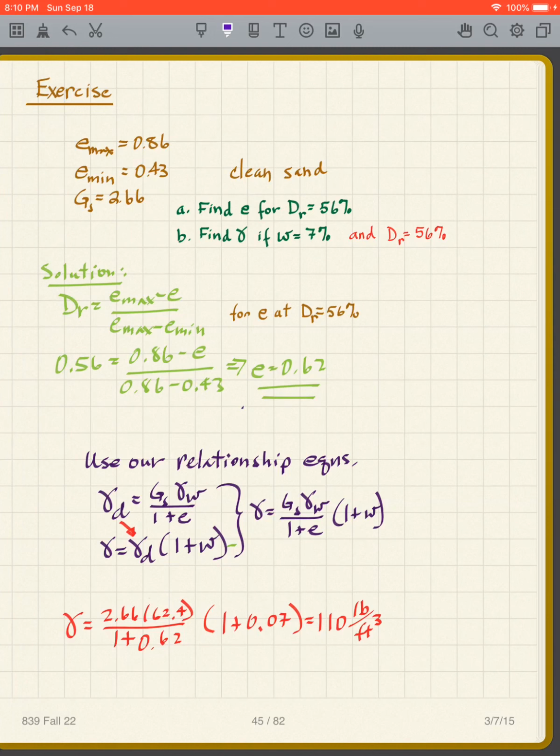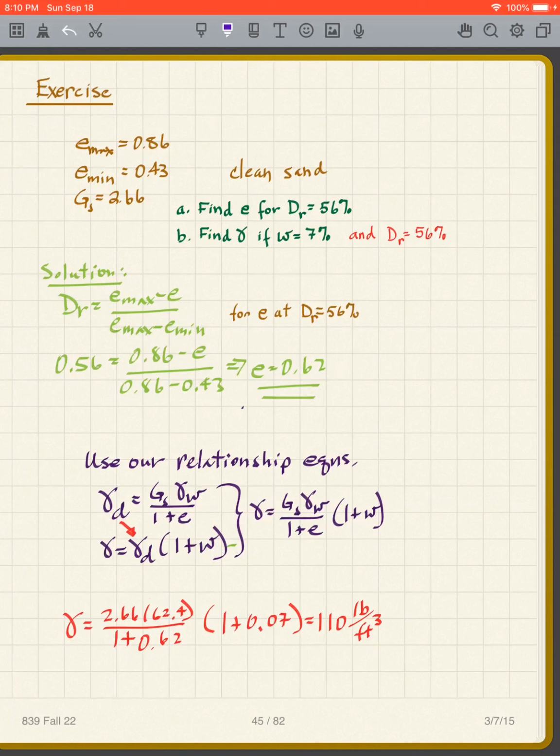Okay, so what do we find? Well, there's our expression for relative density, and we've been given our E max and E min. If relative density is 56%, I set it to be 0.56. I plug in all the values that are given and solve for E. I get 0.62.